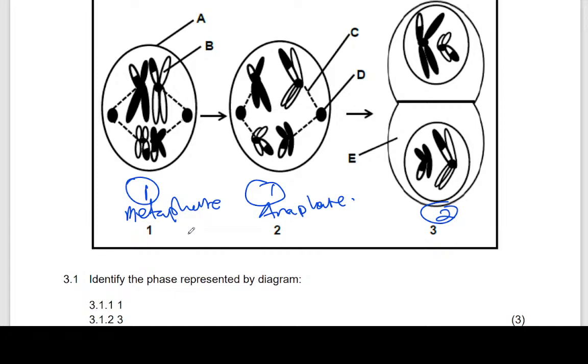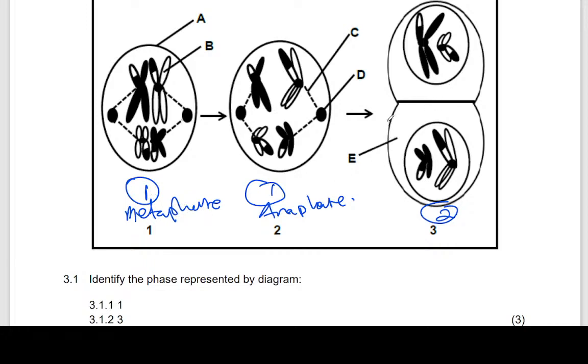So automatically, we have identified it. Thank you, Lawrence. So now, what do you have here? It means that this is anaphase 1, metaphase 1. What about this now?